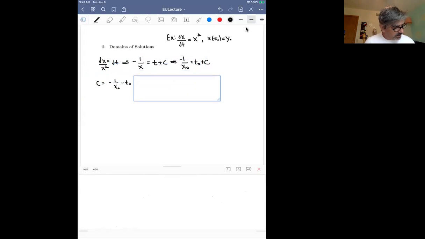When I solve that for x, because we now know what c is, to save me a little bit of writing, I invert that, so we get that x is equal to minus 1 over t plus c.